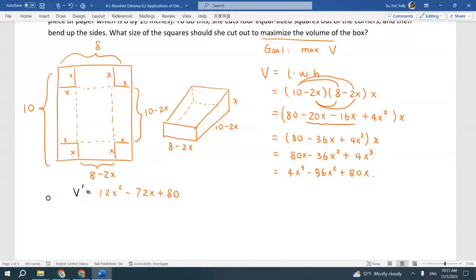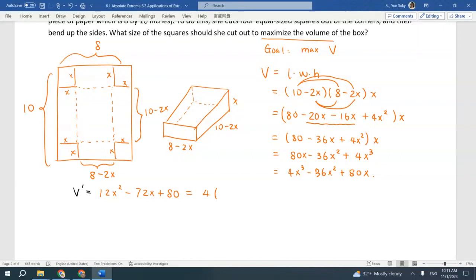And now we will try to find the root. Are there any common factors, Will? 12? Okay. Let's see, 80, but is 80 divisible by 3? Not quite, right? So the common factor is 4.